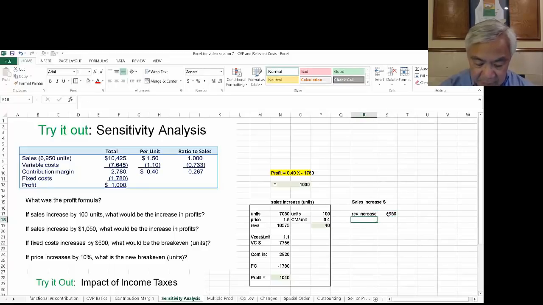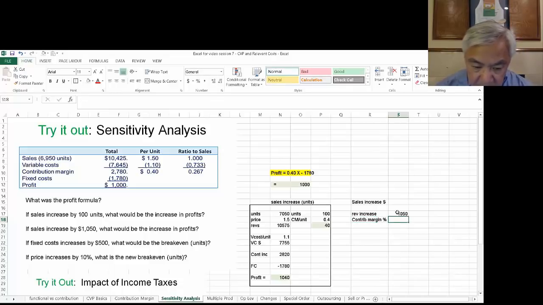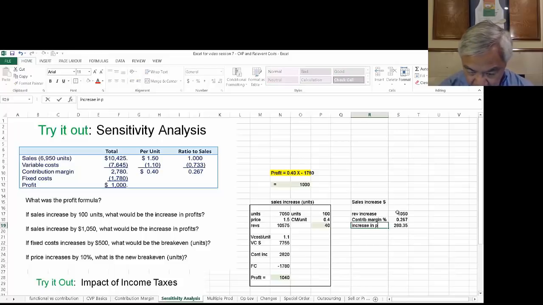That was what's given to us. And the gross margin percentage for the contribution margin percent is equal to 0.267. The additional profit is simply the multiplication. So this is the increase in profit.